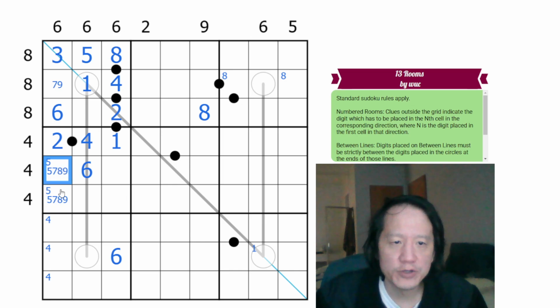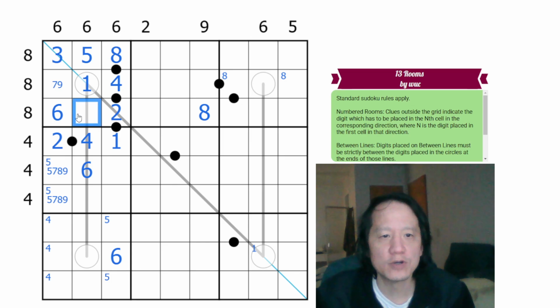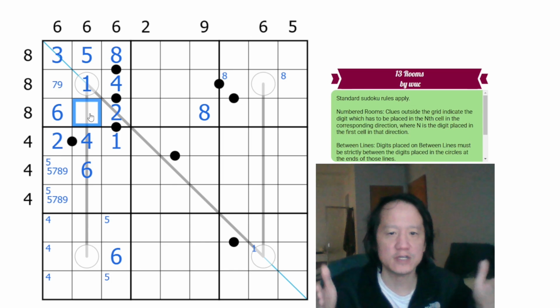Okay, so we know 5 is here, which means 5 has to be one of these two cells. Because we know 5 has to be here, 5 has to be here. That eliminates these 6 cells, so therefore one of these is 5. This is either 7 or 9, but the problem is if it's 9, 9 can never be in a between cell, right?